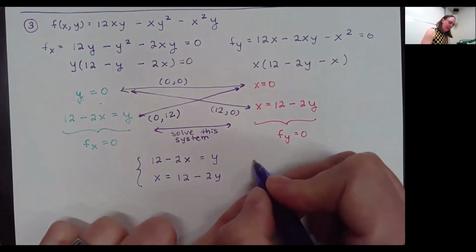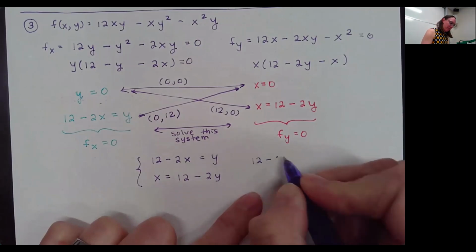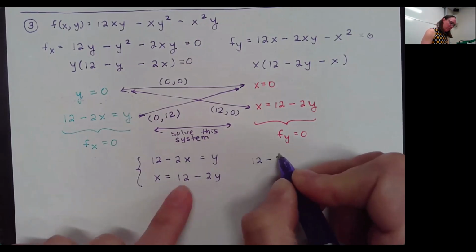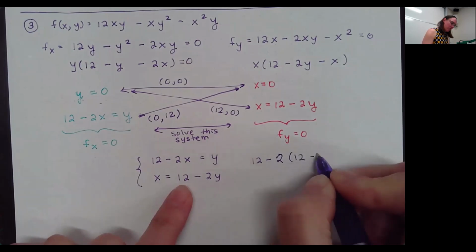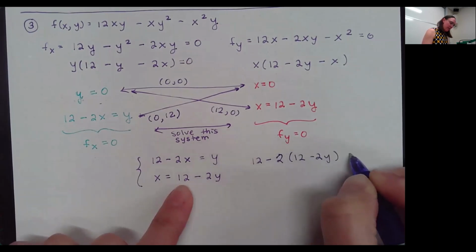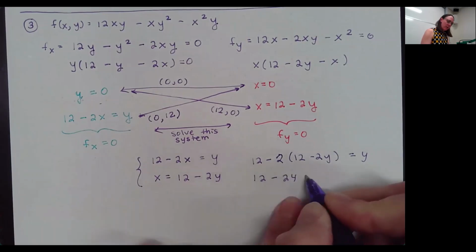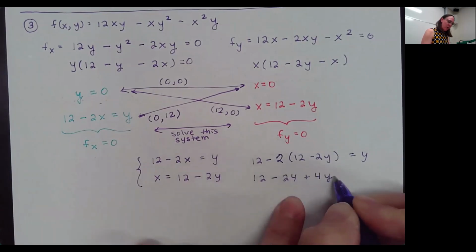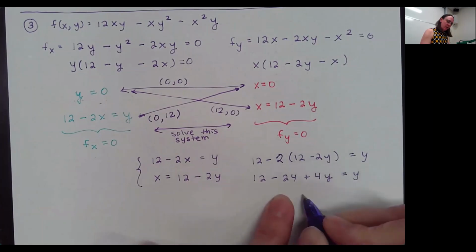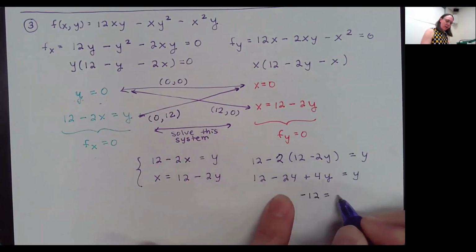Of this system, I would have 12 minus 2 times 12 minus 2y needs to be equal to y. So 12 minus 24 plus 4y is equal to y. So negative 12 is equal to negative 3y.